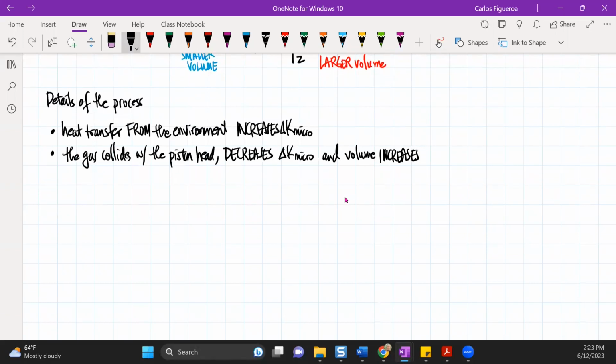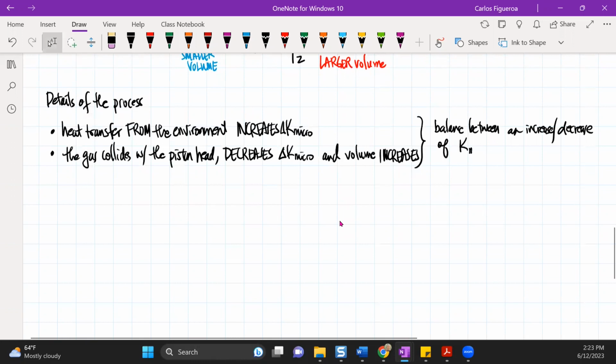So when we say that we have an isobaric process, there's a balance between an increase/decrease of K micro. So the heat increases K micro, but the colliding gas with the piston head decreases it.